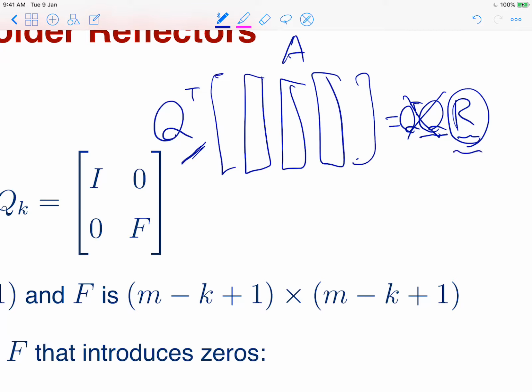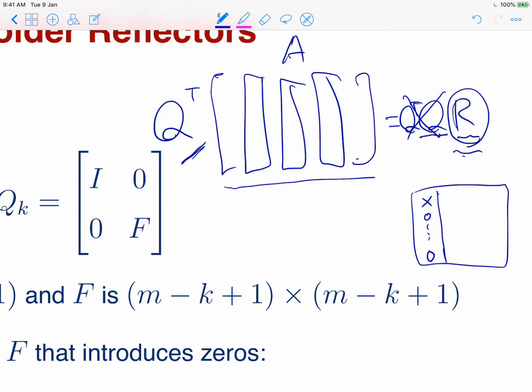So in this case, if we compare this matrix A and the matrix R, the first column of the matrix R is this kind of vector, right? The first element is non-zero, and the rest of them are 0.